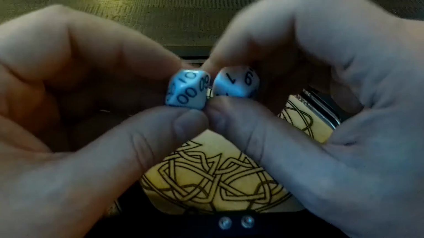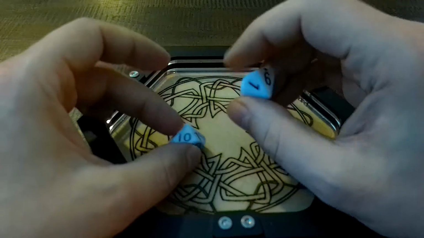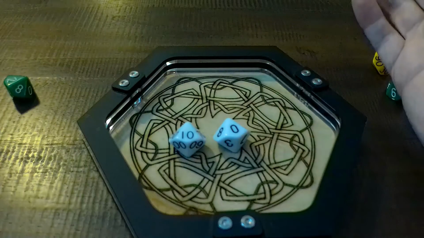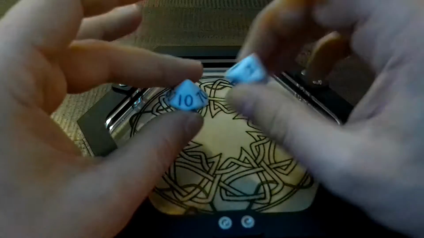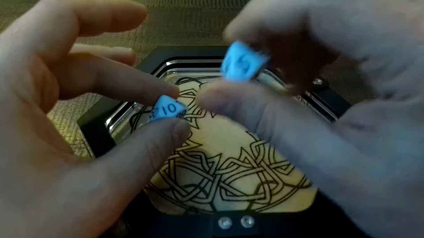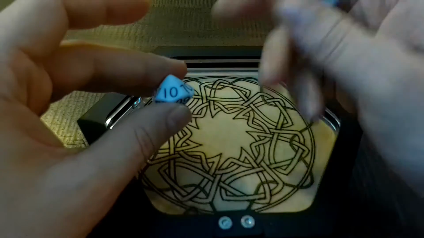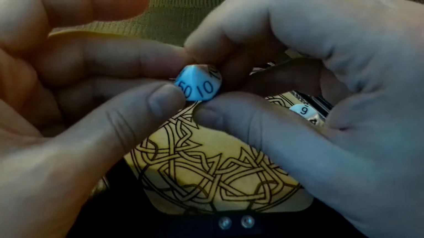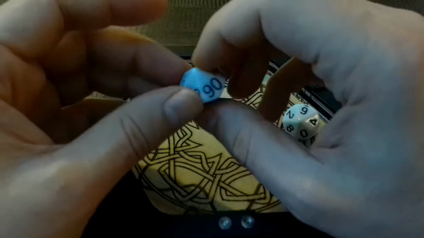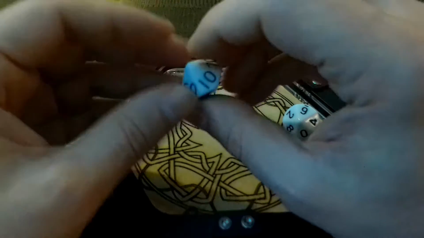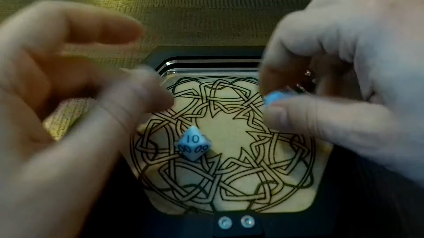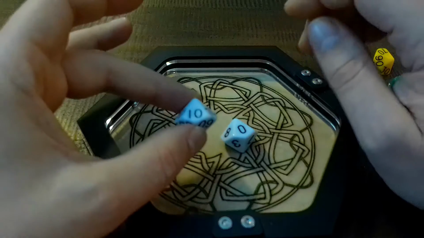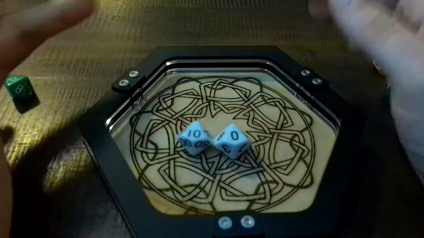One of the things I think that messes most people up is if they roll a 10 and a 0, that looks like 100. But no. This die represents the single digit place in our numerical system. This die represents our 10s digits and also our 100 digit. So if we rolled a 10 and a 0, we would interpret that result as a 10, not 100.